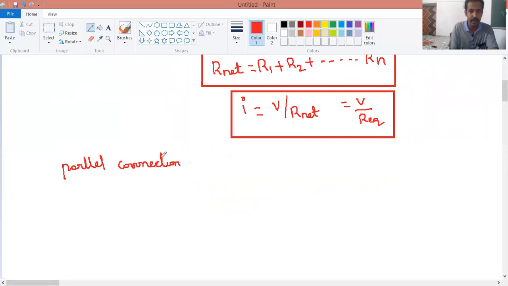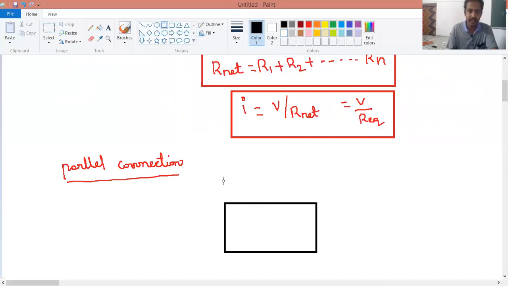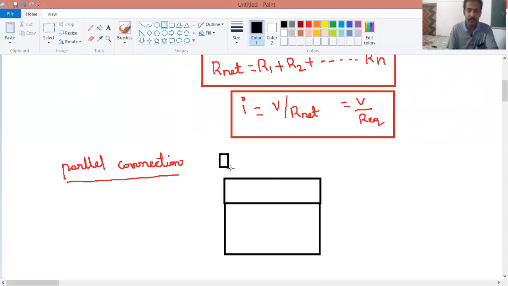What happens in parallel connection is, for example, if I'm taking a circuit, let's take a battery here, let's take resistance 1 here, resistance 2 here, and resistance 3 here.